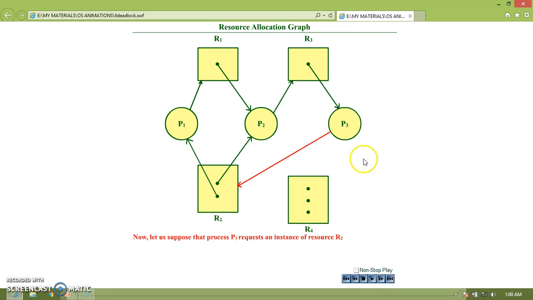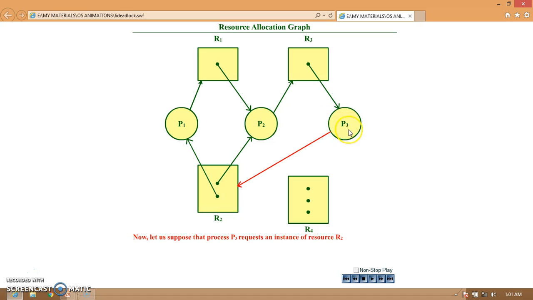But if process P3 is not completed, and suppose P3 also requires the use of resource R2 before completion, so it will send a request to resource R2. Now all the instances of resource R2 are occupied by process P1 and P2.